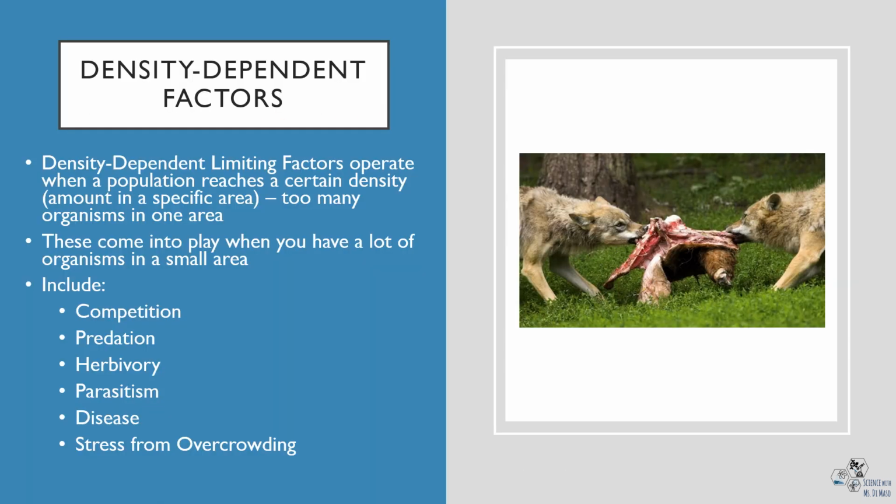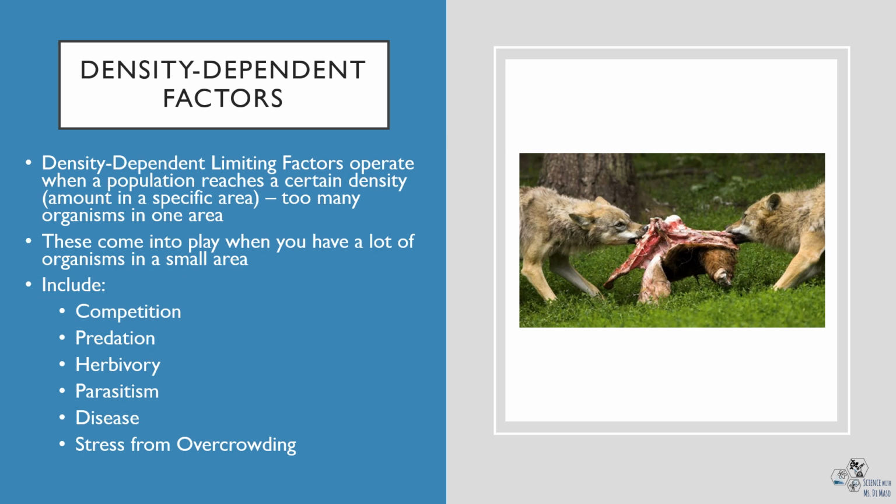Now, these factors that limit or affect the growth of populations usually fall into two categories. They can be density dependent or density independent. When we say density dependent, these are operating based on how closely packed together the organisms are in the population.